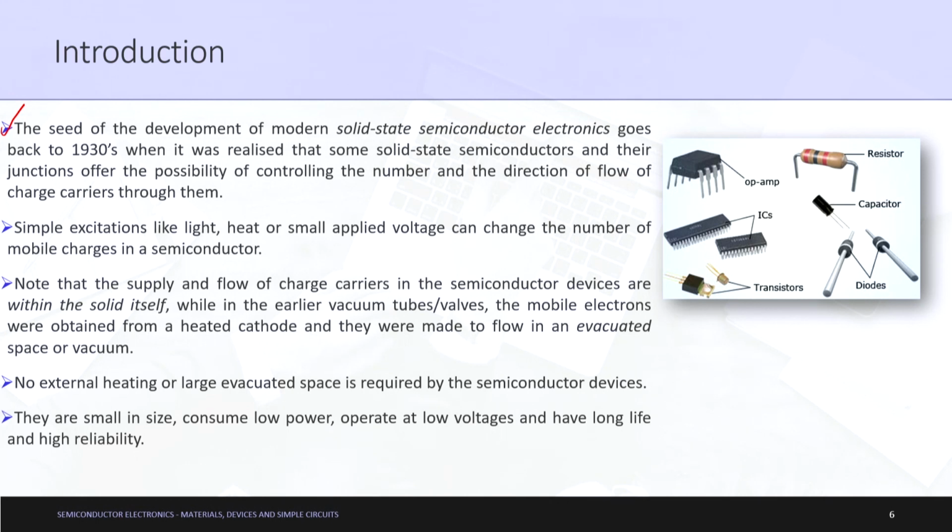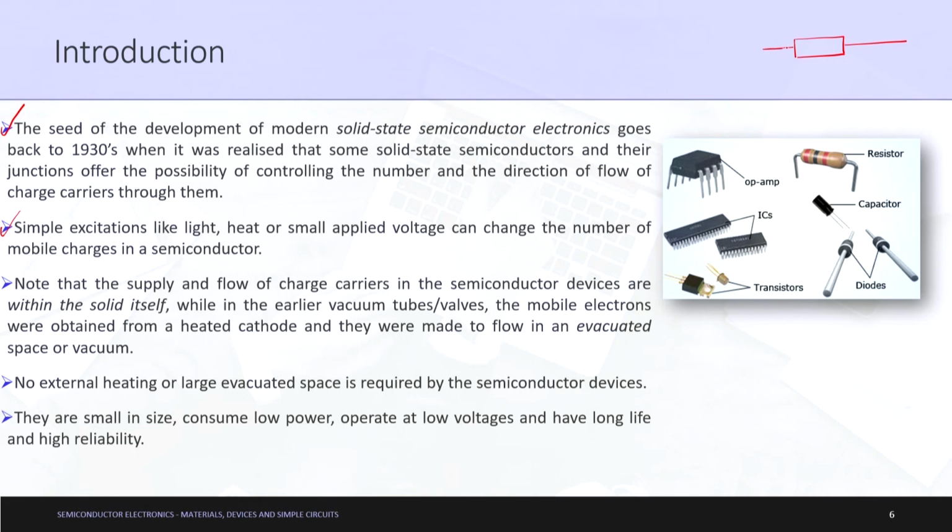Okay. The next line is: simple excitations like light, heat or a small applied voltage can change the number of mobile charges in a semiconductor. When more research was being done, it was found that these things can do that. Let us say this is one of the semiconductor devices.